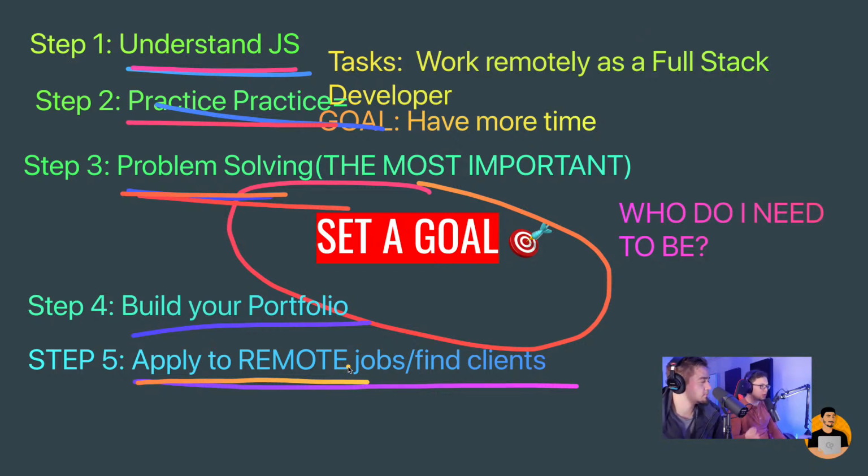So who do you need to be, Marek, in order to become a full-stack developer? Tell me. What do you think it is? Mindset. Bulldog mindset. Okay, mentally strong. Okay, but let's go deeper into this though.